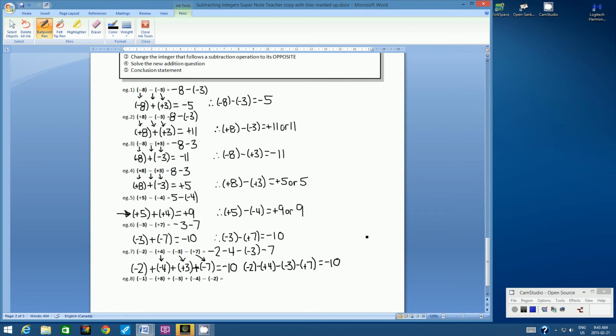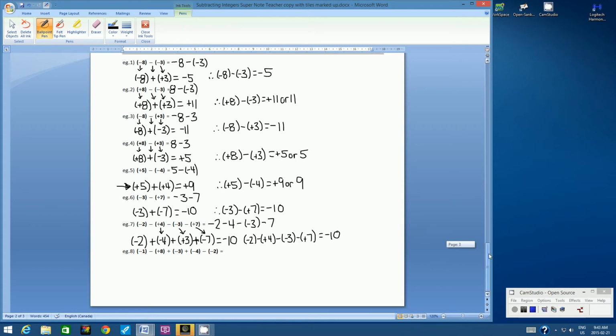Now, if that question didn't make any sense, then just rewind that part and go through it slowly. Okay, example 8. Now, example 8, I want you to be careful because I've actually thrown in a couple of additions. Okay, so let's rewrite this in standard form first.